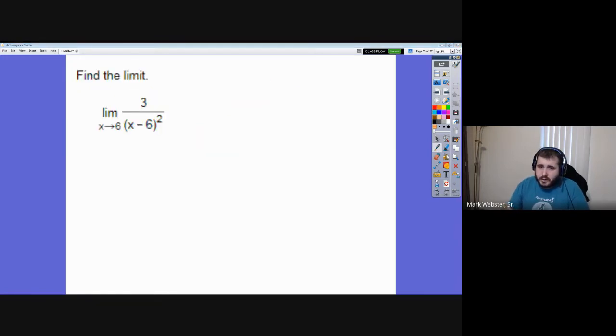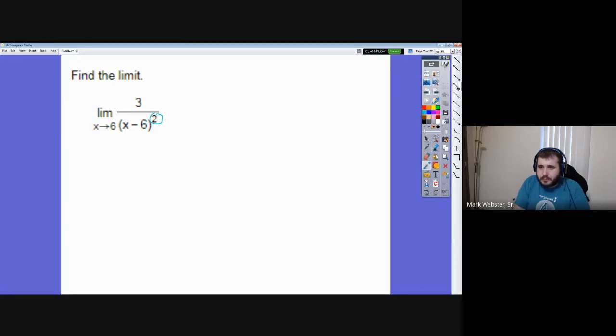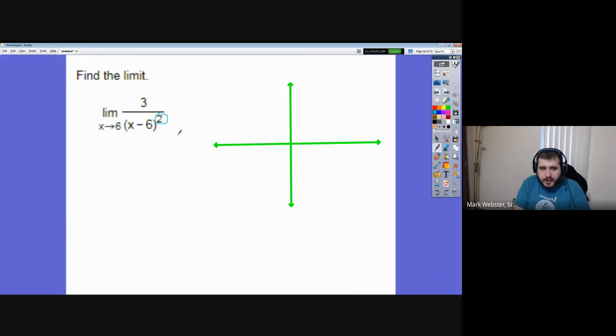So with this next one, notice, even power squared, right? One thing to be aware of when you've got an even power, they're either both going up or both going down. So let me show you what I mean. Here's my axes. The asymptote's at 6.